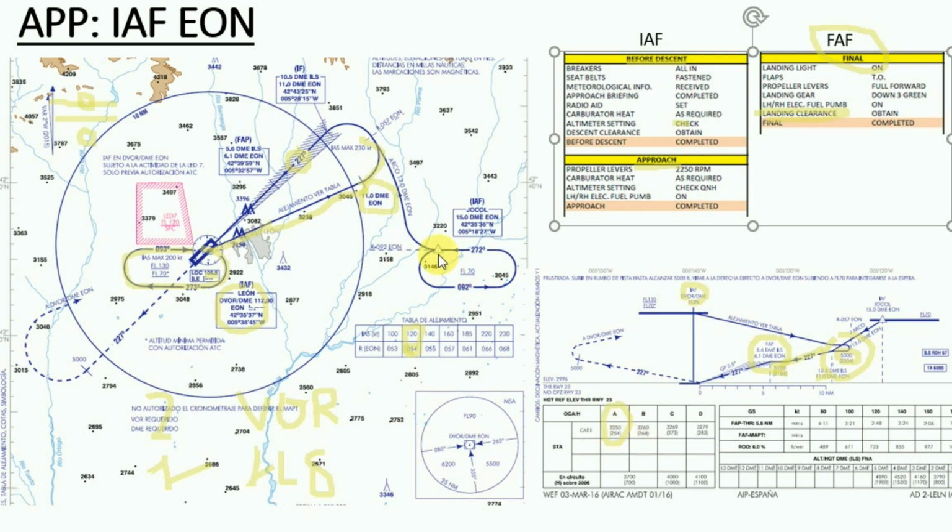So when we reach our minimums and we have the runway in sight, we will complete on a visual to landing, and in case we don't have the runway in sight, we'll continue through our missed approach procedure.